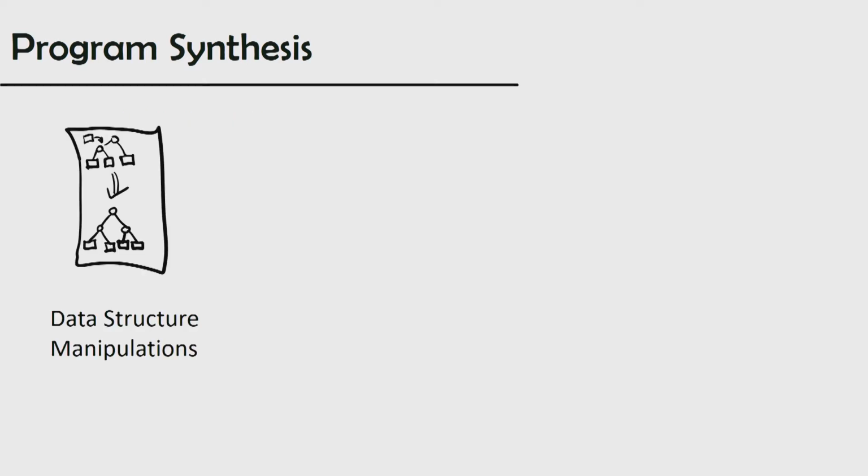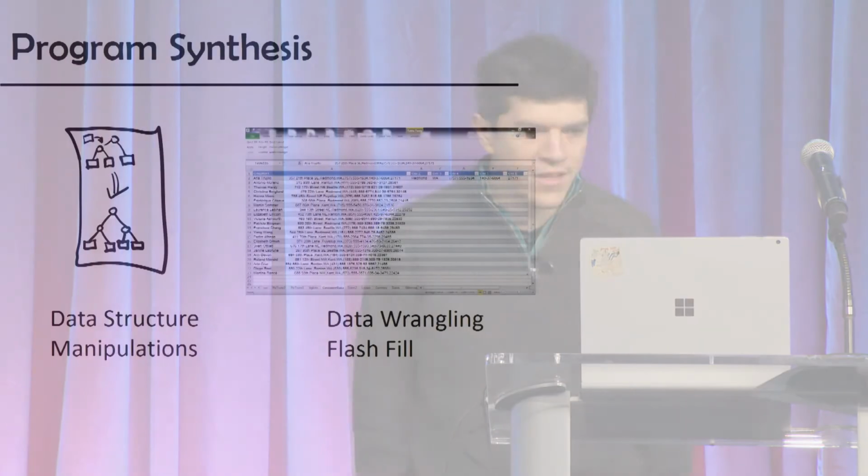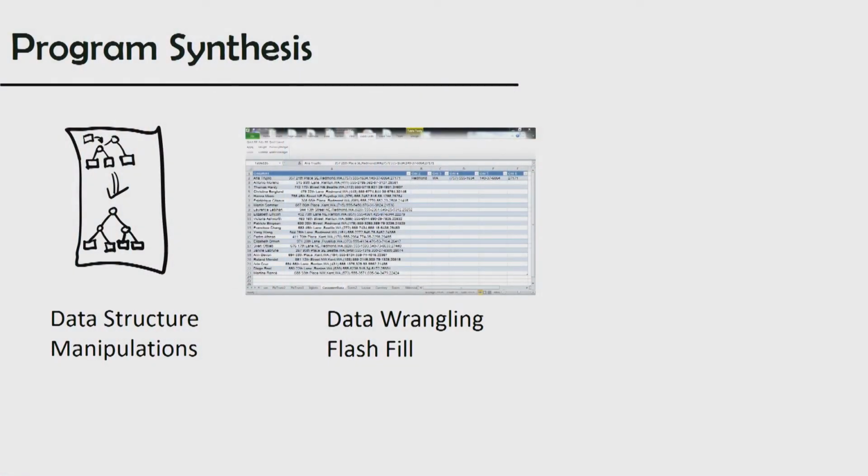Today, we can synthesize relatively complicated data structure manipulations, for example, from high-level specifications, and actually verify that they're correct. If you use Excel, there's even a functionality there called flash fill that one of my students worked on in collaboration with researchers at MSR that is able to take some examples of some string transformations and generalize them to a program that it can then apply to your whole spreadsheet.